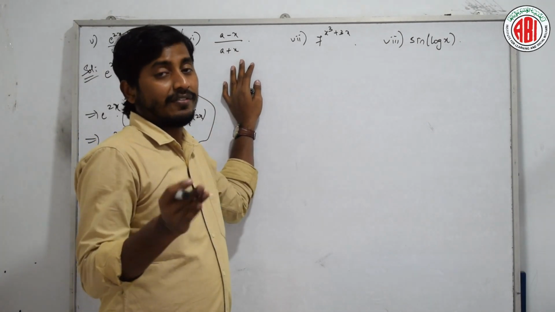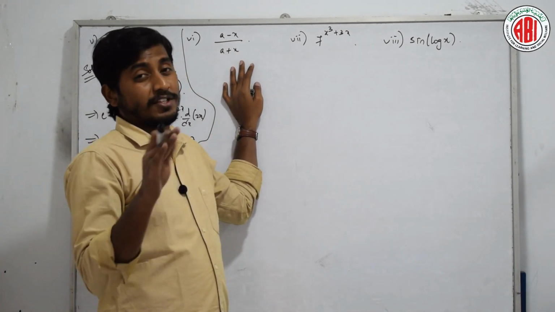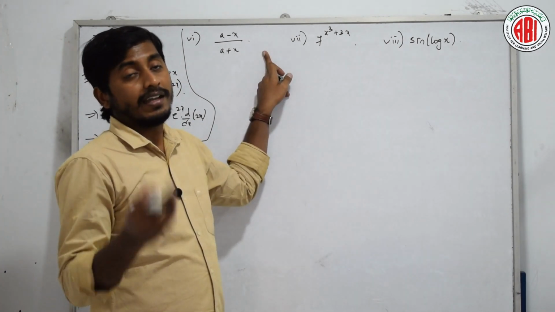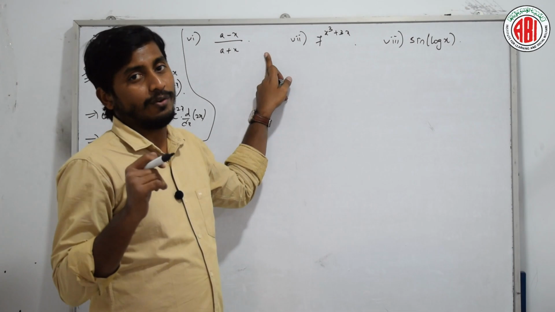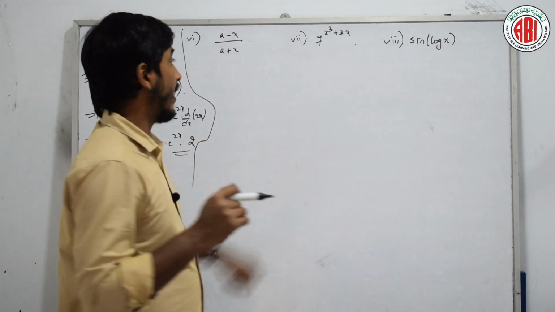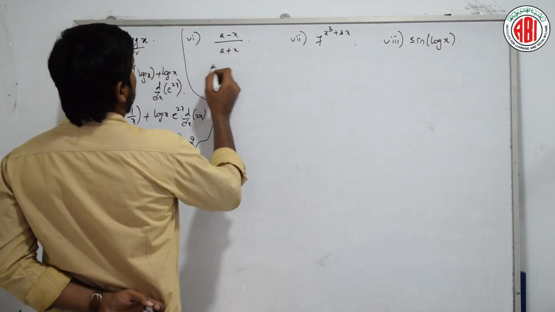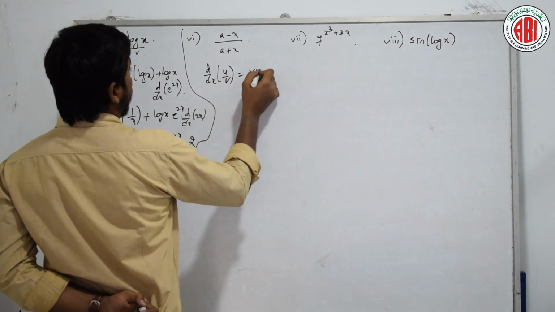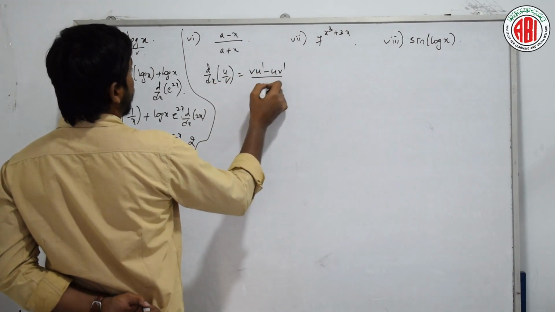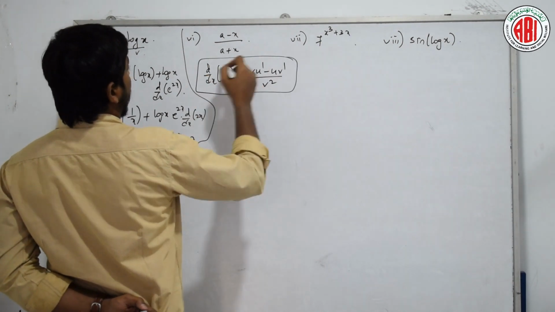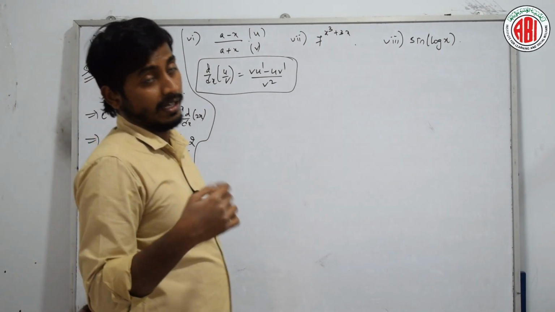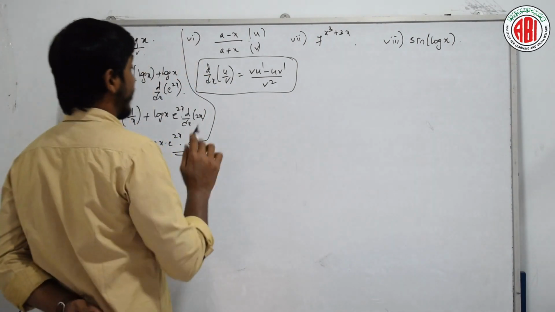Till now we have seen different combinations of addition, subtraction, product also we have seen. This is the next sum, that is differentiation of u by v rule. Differentiation of u by v is vu dash minus uv dash by v square. Let us say numerator as u and denominator as v.